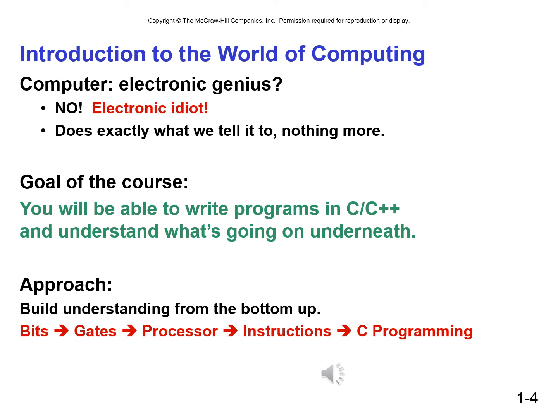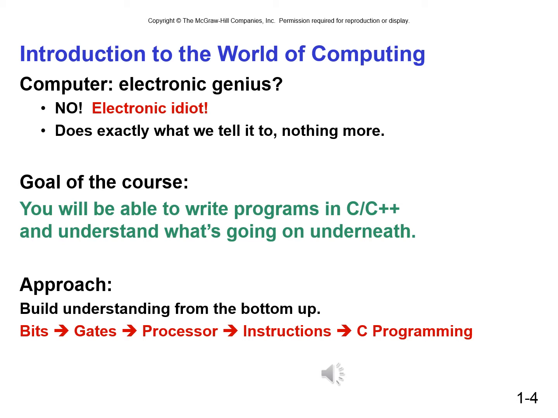So the computer is not an electronic genius. It's an idiot. It only does exactly what we tell it to, and it does not deviate from those instructions. One of the goals of this course is you'll be able to write a program in C, C++, Java, and then really understand the levels of abstraction beneath that high-level programming language, all the way down to one cycle.